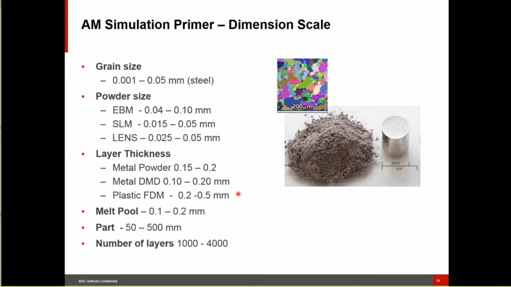We can look at the heating area and the heat affected zone or the melt pool, and that also is a critical dimension, one of the more critical dimensions. And then we can talk about our engineering part. And our engineering part, yeah, we'd like to build as large parts as possible, especially for some industries. So we have this large ratio of scaling of sizes. If you think about this layer thickness, the number of layers can easily be between 1,000 and 4,000 layers.